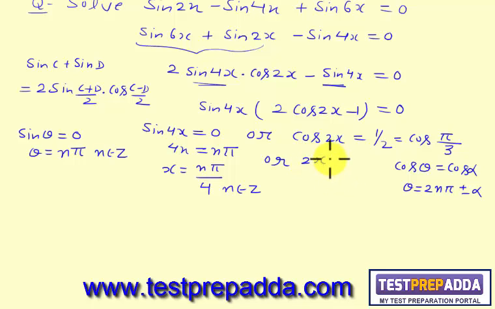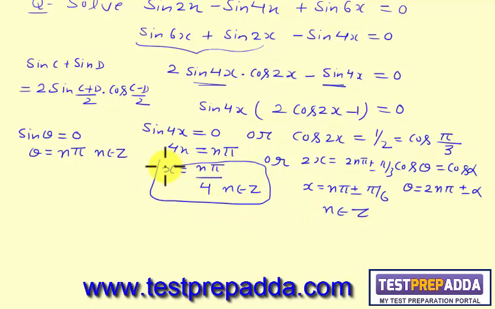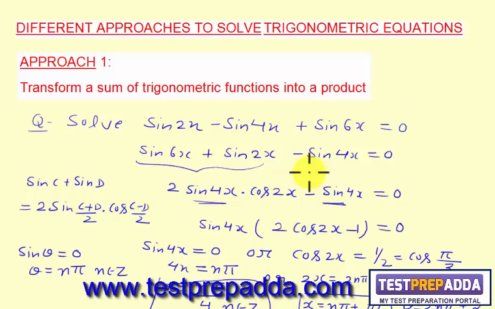So 2x will be written as 2n pi plus minus pi by 3, or x will be written as n pi plus minus pi by 6, where n belongs to integers. This way we got the solutions of the trigonometric equation. So this is approach 1, where we transform a sum of trigonometric functions into a product.